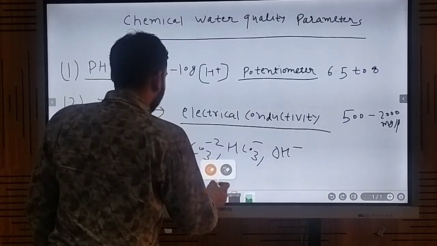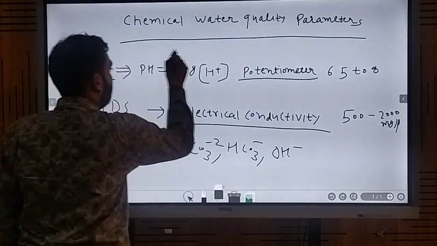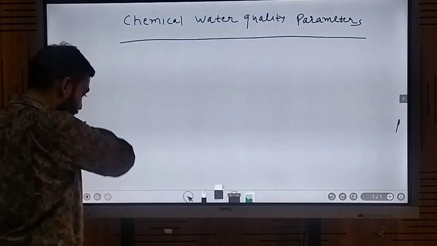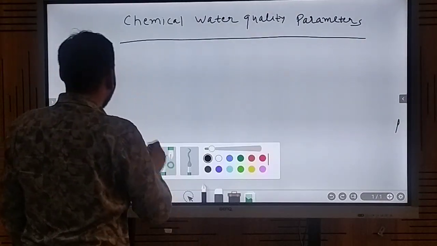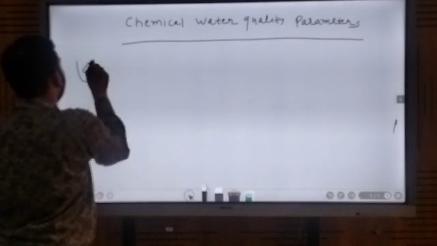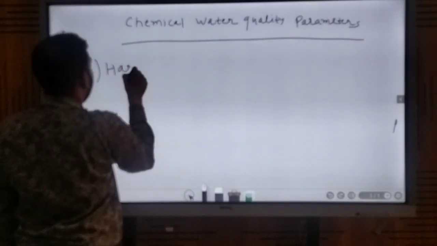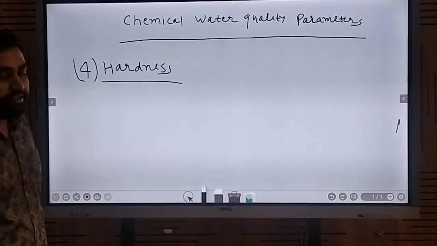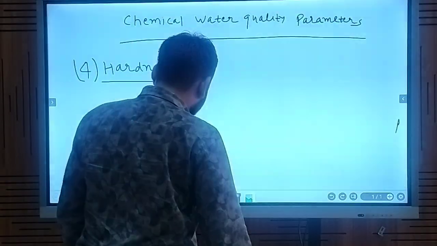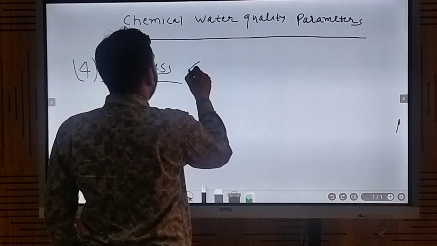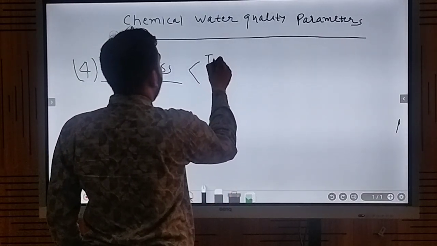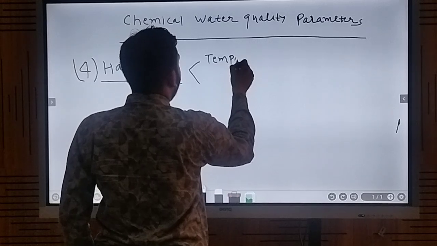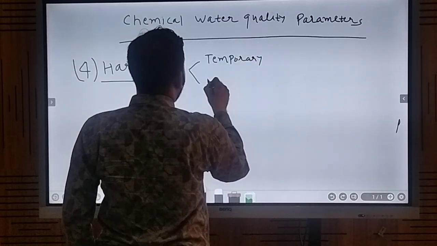After that, the next chemical water quality parameter is hardness. Hardness is caused by carbonate and bicarbonate ions. Basically, hardness has two types: temporary hardness and permanent hardness.